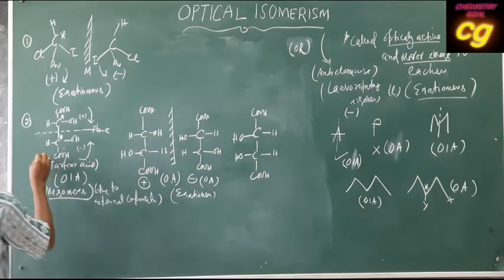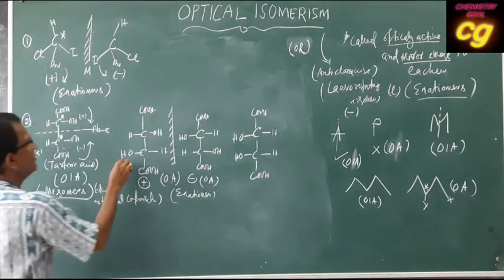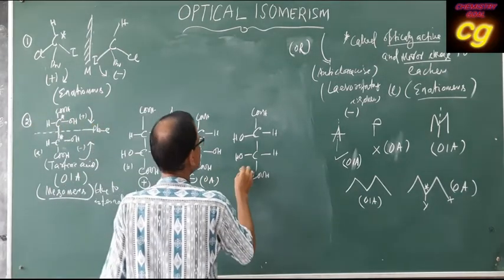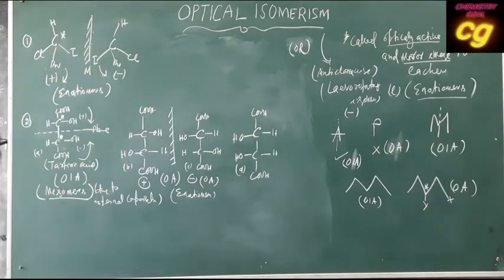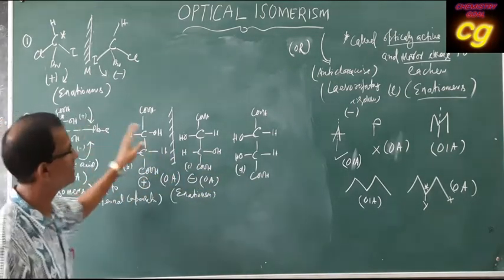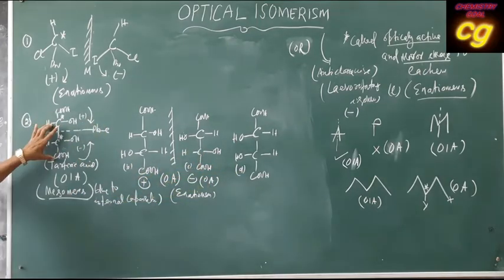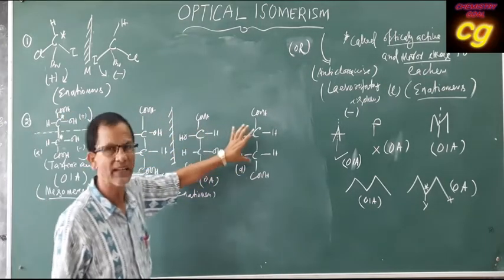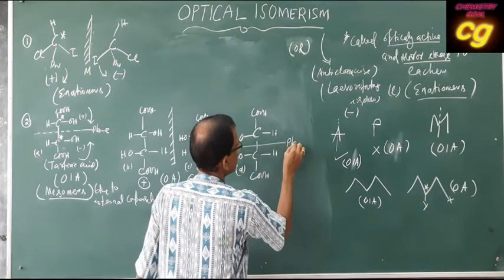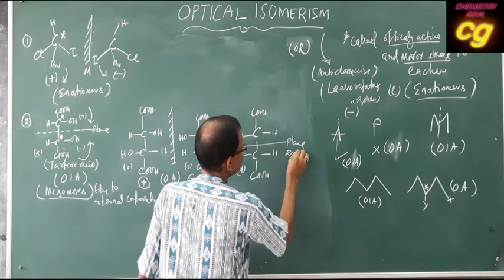Suppose this is structure A, this is B, this is C, suppose this is D. If you see A and D, it is optically inactive, because plane symmetry is there.